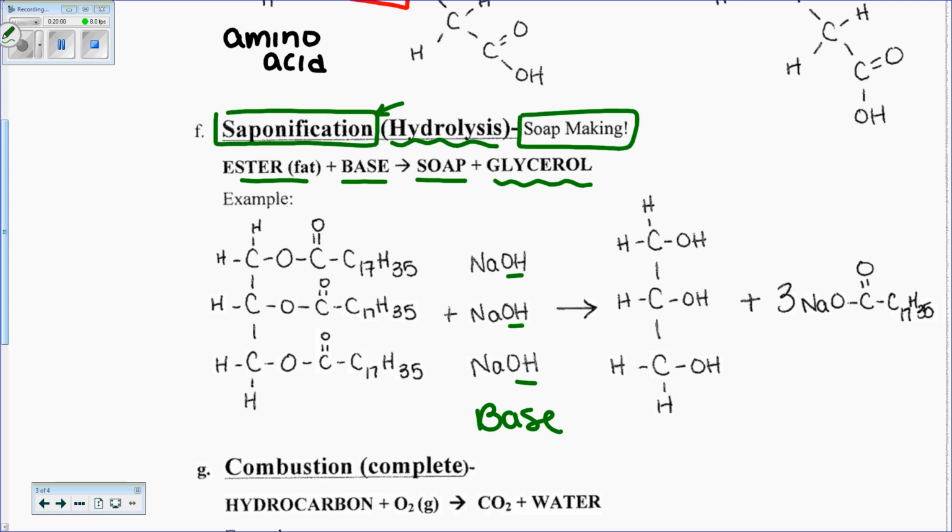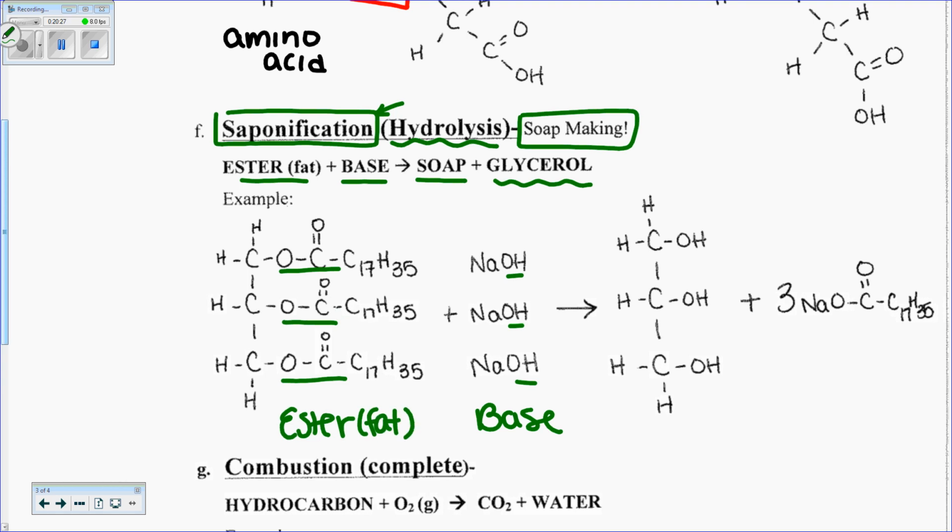And then coming off of them, I have these different chains of esters. So I have an O with a C with a double bonded O, an O with a C with a double bonded O, O with a C with a double bonded O. And then that's attached to C17H35. That would be huge if I drew that out. I don't have to, though, because I noticed that that's an ester. So here's my ester, or my fat.